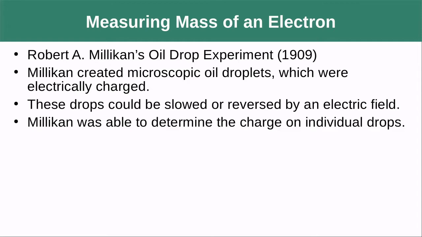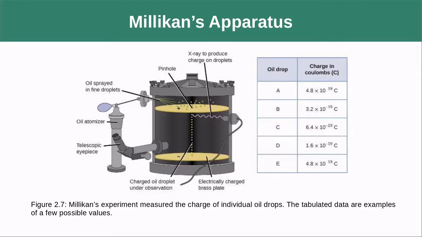Because by being able to hover them inside of his apparatus, he could figure out how much charge difference he needed between these two plates. He knew the distance between the droplet and the plates, and he was able to use something called Coulomb's law to figure out the charge on each one of the droplets.